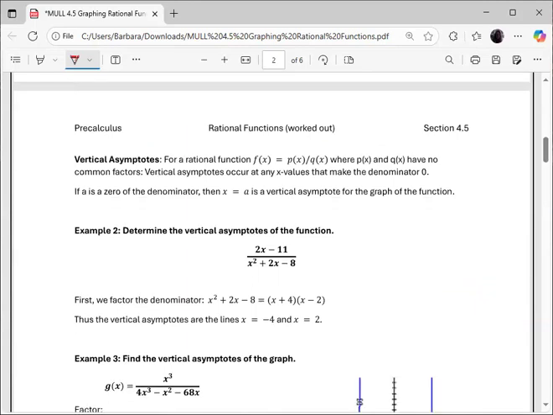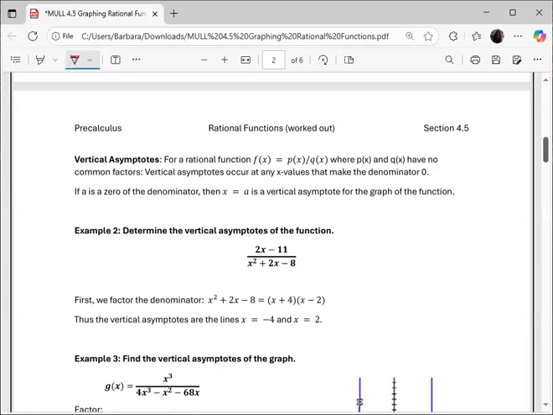So a vertical asymptote, where the rational function has no common factors in the numerator and denominator, will occur at any x value that makes the denominator equal to 0. So if a is a 0 of the denominator, then x equals a would be the vertical asymptote.